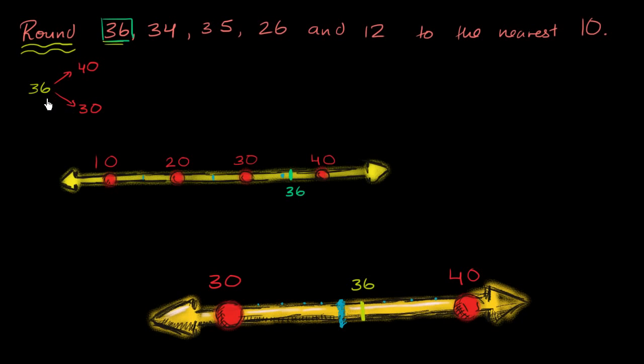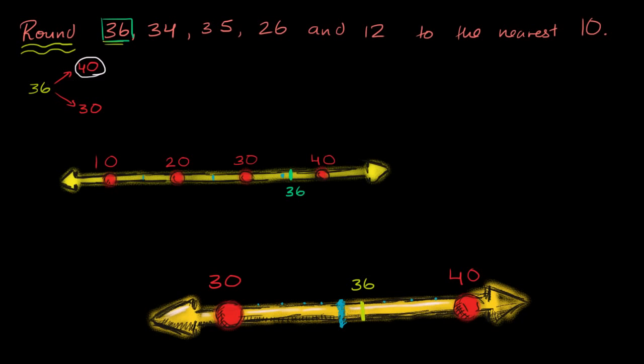And so I need to figure out which of these numbers it is closer to. Even just eyeballing it, you can see it. But you could also say 36 is only 4 away from 40, and it's 6 away from 30. It's closer to 40, so we are going to round up to 40. This is literally called rounding up.